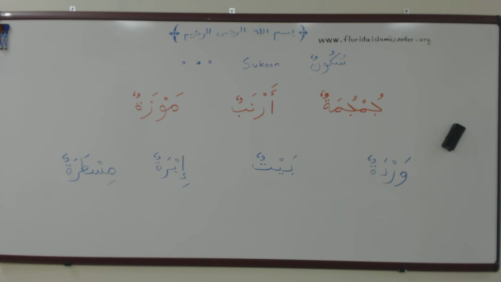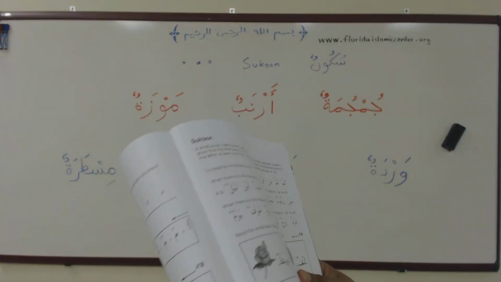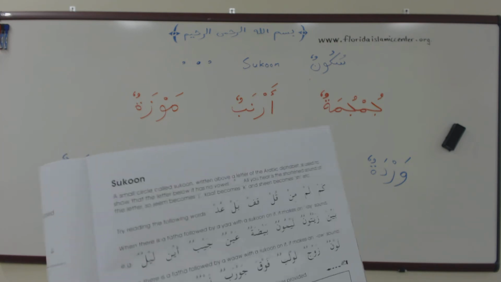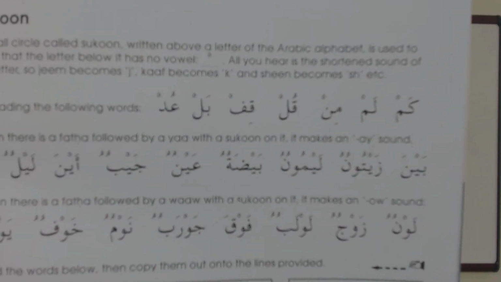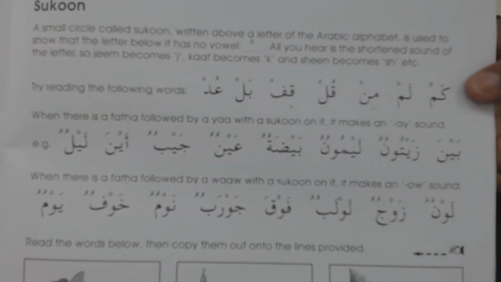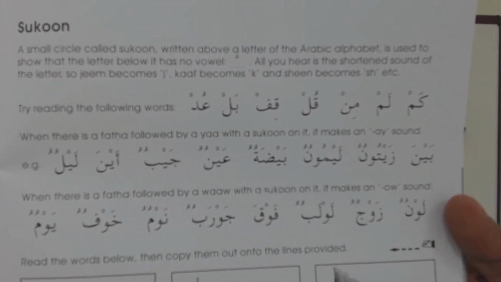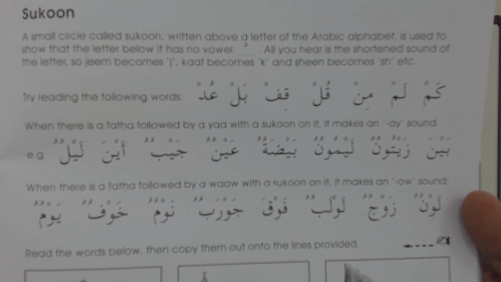Let's put it up so it can be seen. Okay, so we're starting with kam, the first one. Ka, fatha, meem, sukun. Kam, lam, min, yeah, that's right.